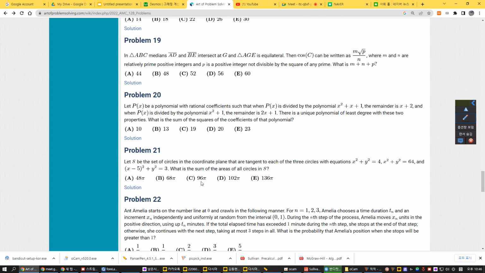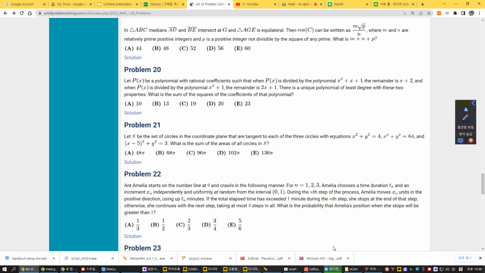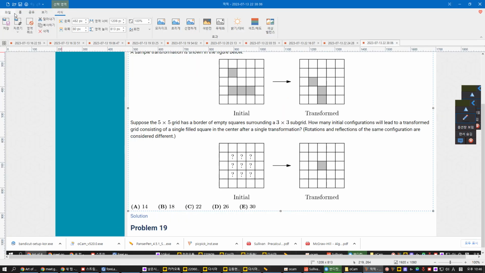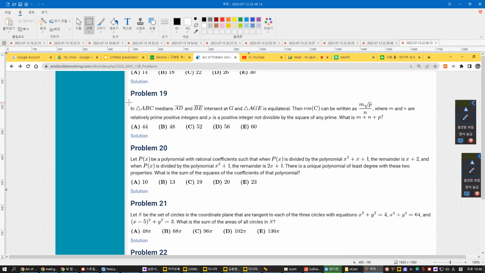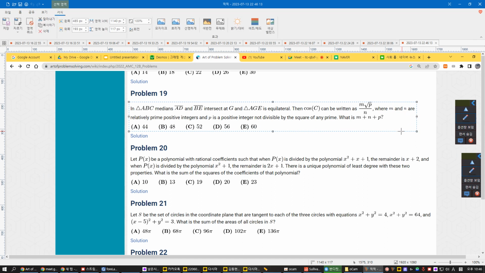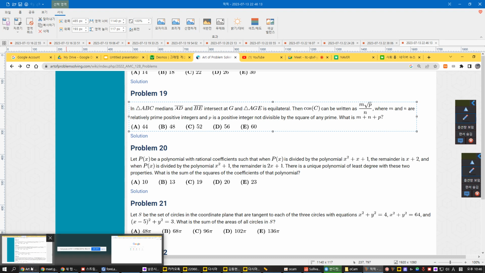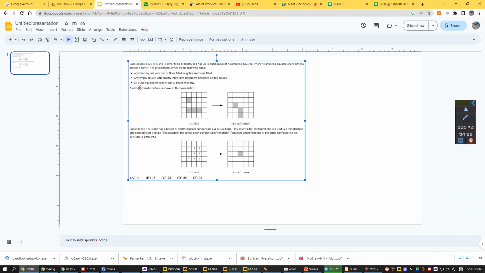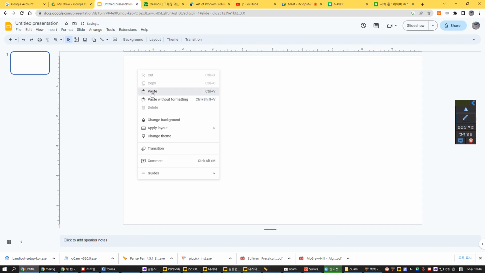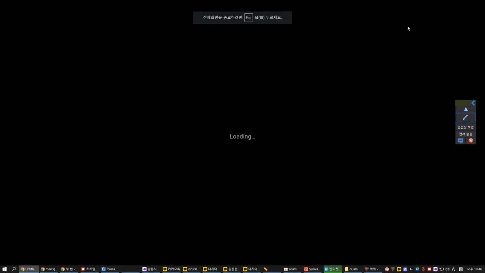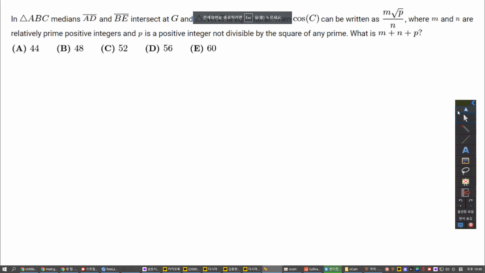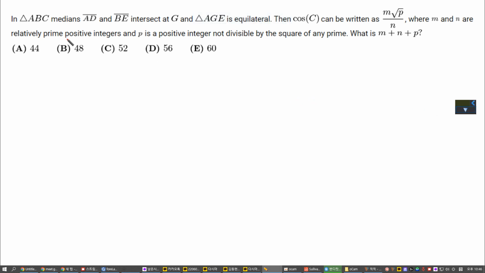Number 19. So let's make a triangle ABC, and we are going to make two medians.